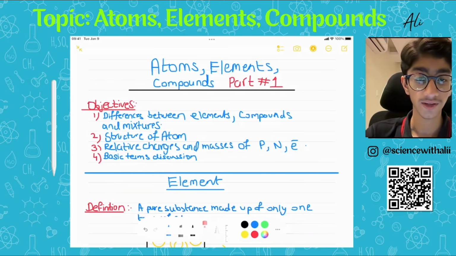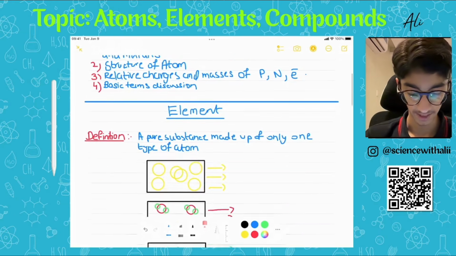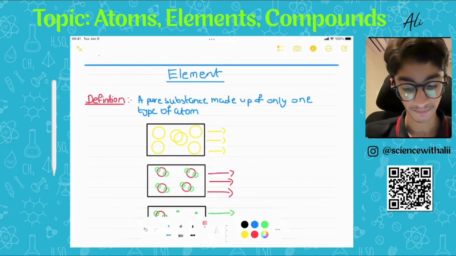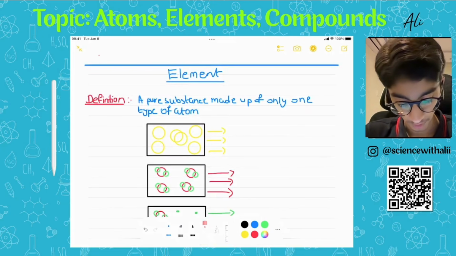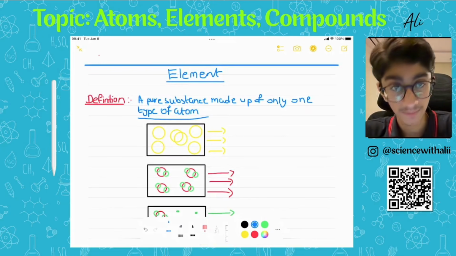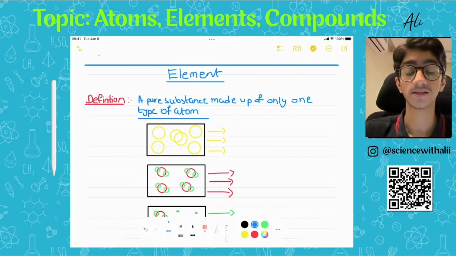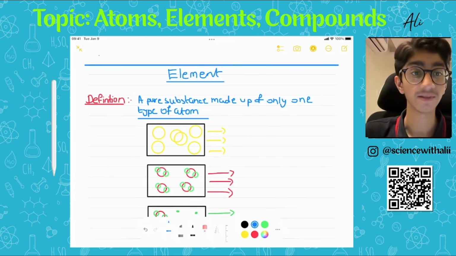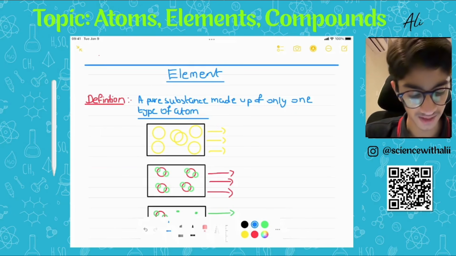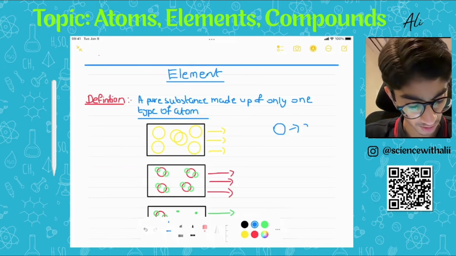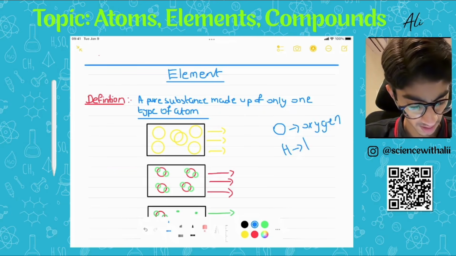Okay, so the first thing we have is elements. Now an element is a pure substance made up of only one type of atom. It is the simplest form of matter. Elements are represented by chemical symbols such as O for oxygen and H for hydrogen.